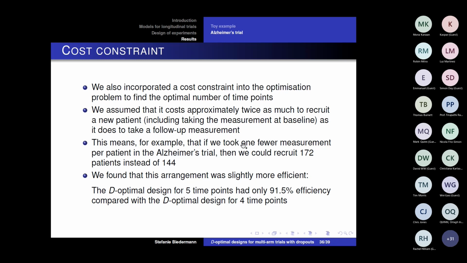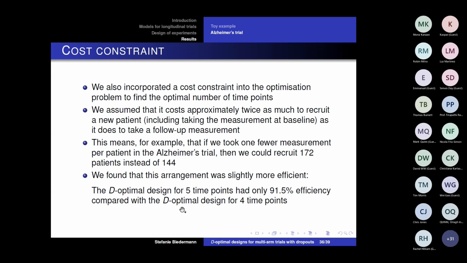What we did was say that if we had one fewer measurement per patient, then we end up with 172 patients approximately. We then found that this arrangement was actually slightly more efficient than having 5 time points for measurements. We compared the optimal designs for 5 time points and 4 time points, and the one for 5 time points had only 91.5% efficiency compared with the optimal design for 4 time points.